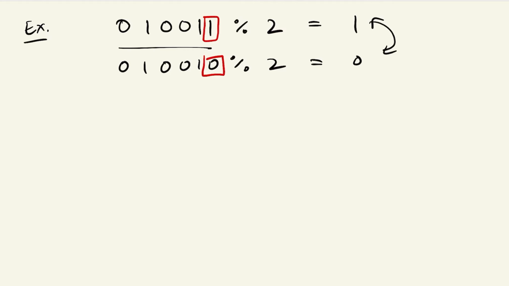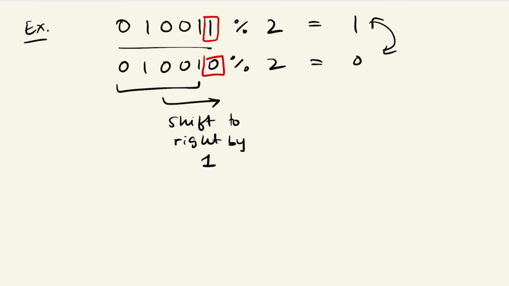But how do we actually shift it to the right after we check that? There's actually a CPU function in binary where we can shift it to the right or left. In our case, we have to shift it to the right by 1 every time we do this operation. And this is actually a CPU function that's built into most programming languages.